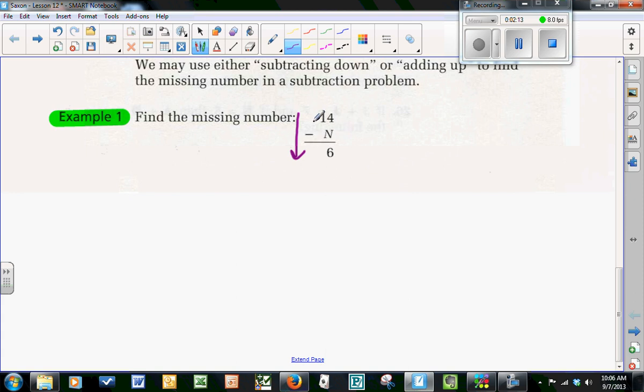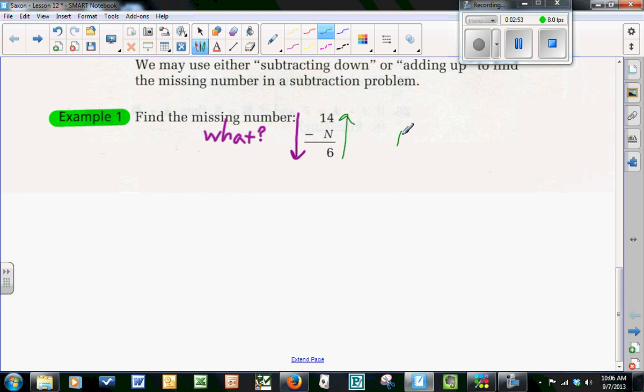I would have to ask myself, using the subtract down strategy, 14 minus what equals 6. So I'm going to replace the variable with the word what when I'm asking myself these questions, and that will help me to remember that that's the number I'm looking for. 14 minus what equals 6, or I can use the add up strategy. 6 plus what equals 14, and in both cases then the answer is 8.